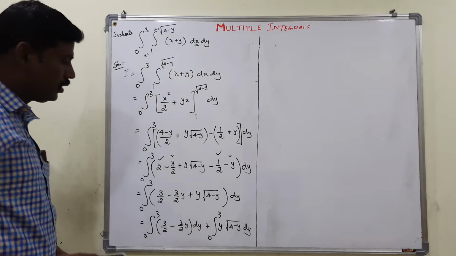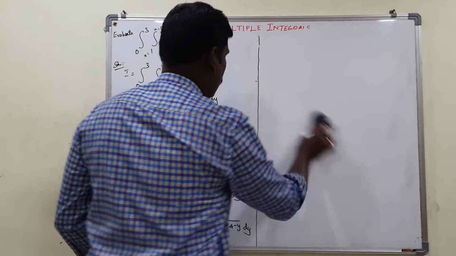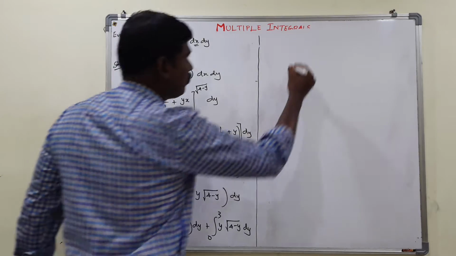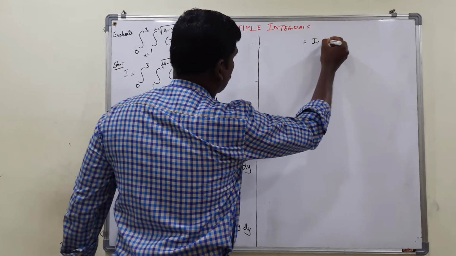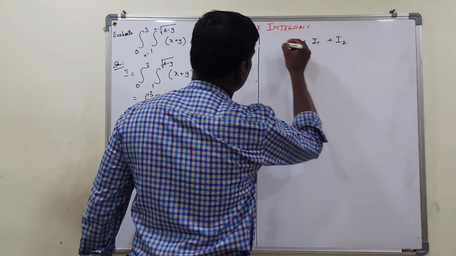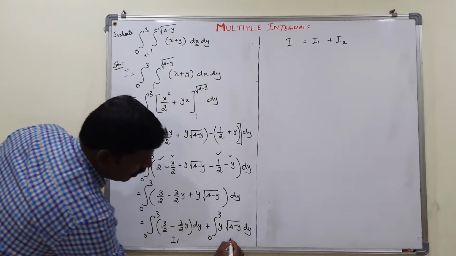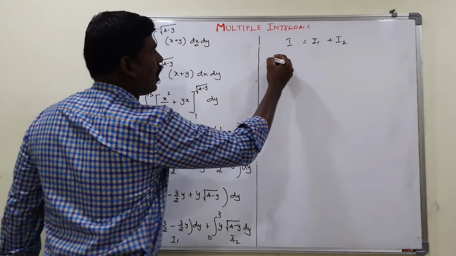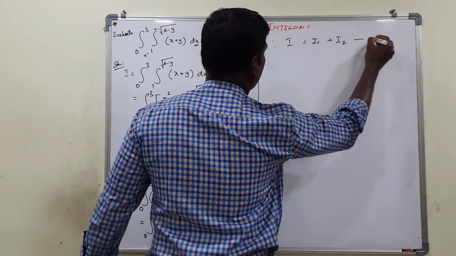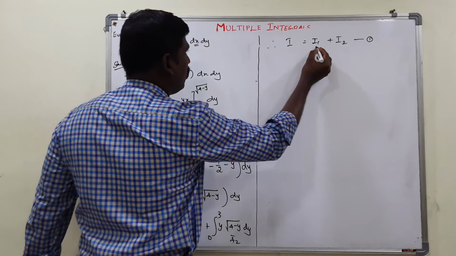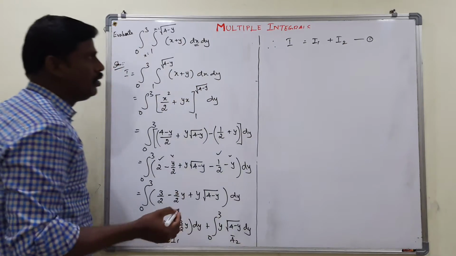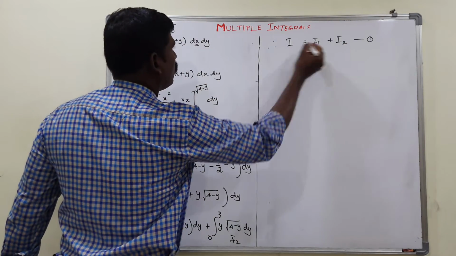The first one I call I1, plus I2. So I is equal to I1 plus I2. I call it equation number 1. Now I am going to find both integrals I1 and I2, and add both, we can get I.